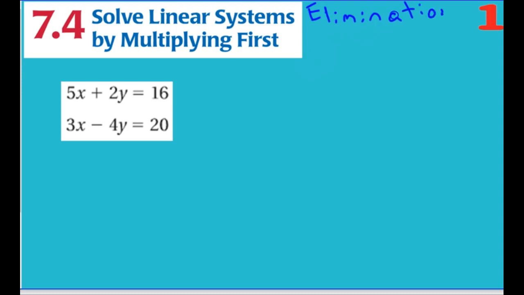So, even though we are solving using elimination, today we're going to be solving by multiplying first. Today we won't have easy little numbers like 3x and negative 3x, so we can just cross those out.